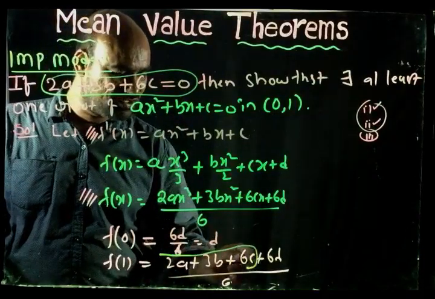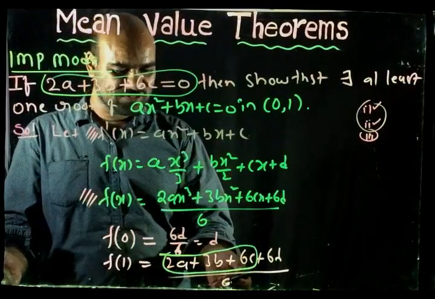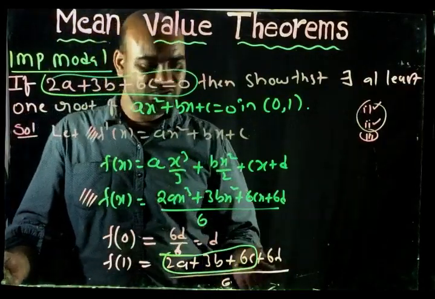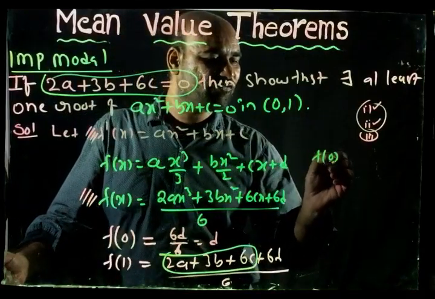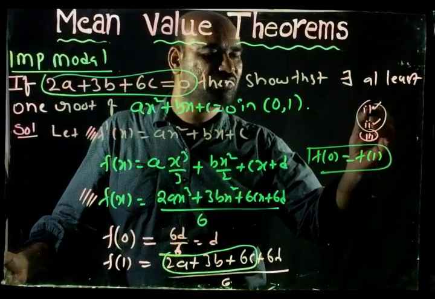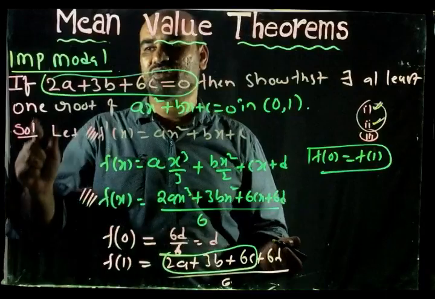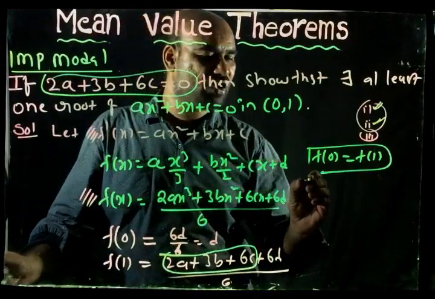So instead of this I can write 0 plus 6d, 6d by 6 means d only. So what happened? f(0) equal to f(1). Already we have continuity, differentiability, and f(0) equal to f(1). Therefore, f(x) satisfies RMVT.